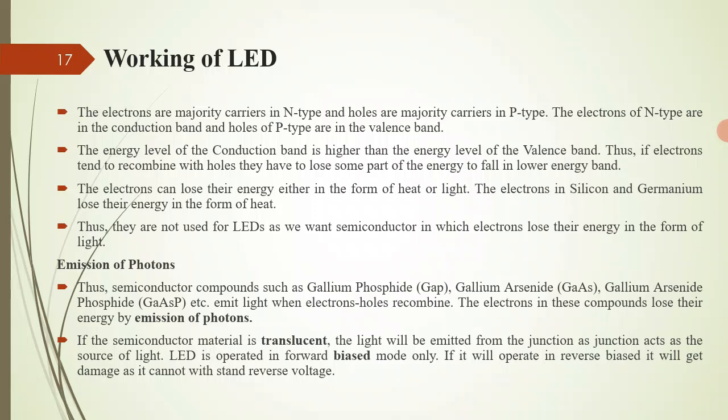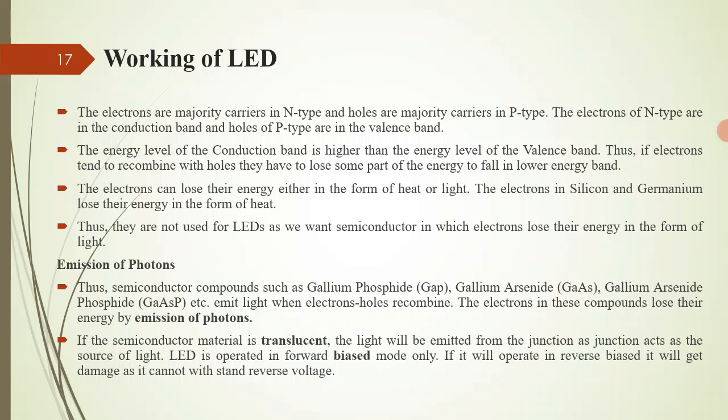The emission of photons occurs in semiconductor compounds such as gallium phosphide and gallium arsenide, when the electron hole recombination process starts, which leads to the loss of energy by emission of photons. This semiconductor material is translucent. The light is emitted from the injection junction, which acts as the source of light.